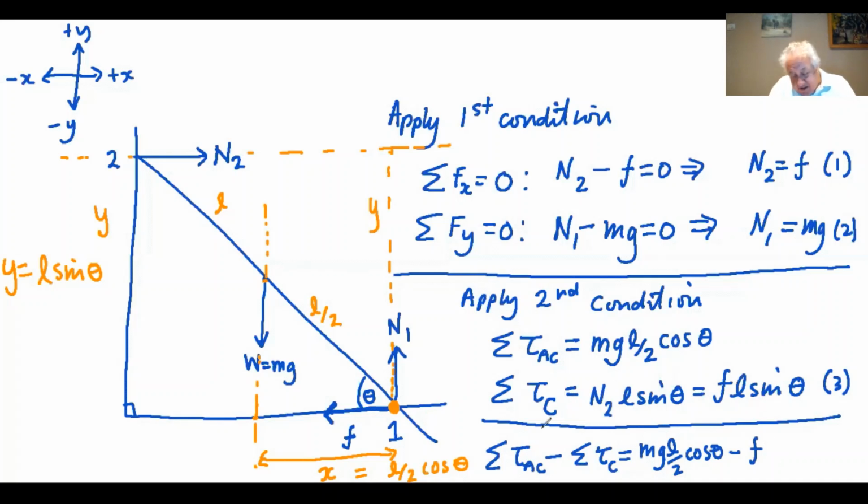So if you find this to be negative according to my convention, this is F L sine theta, and all of this equals 0. Let me continue this equation up here. Let me keep my equations 1 and 2, and let me erase this bit.